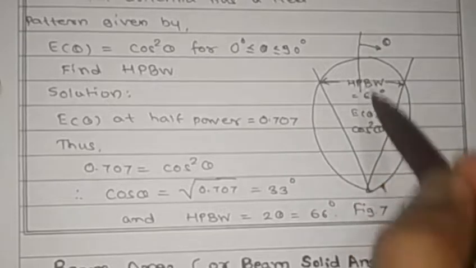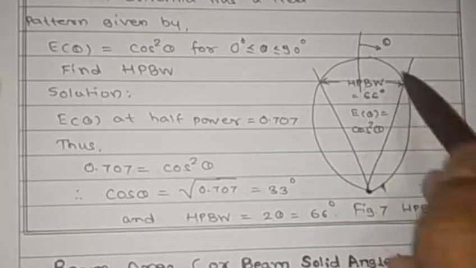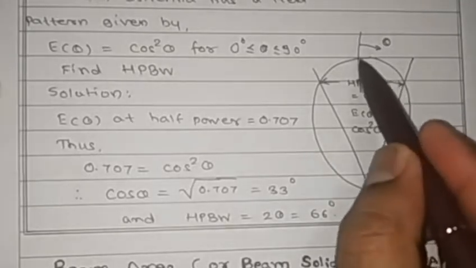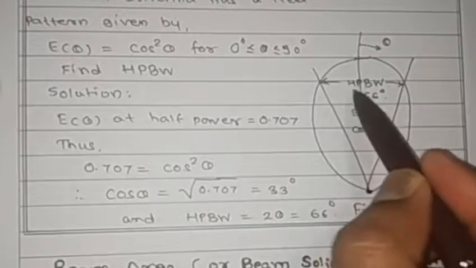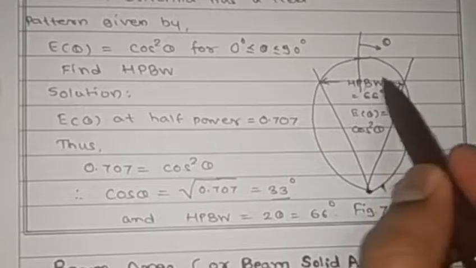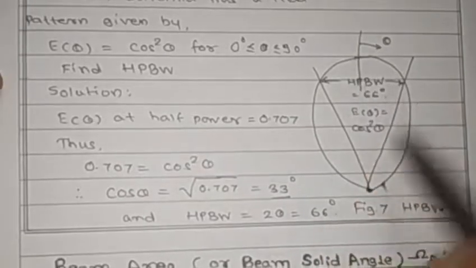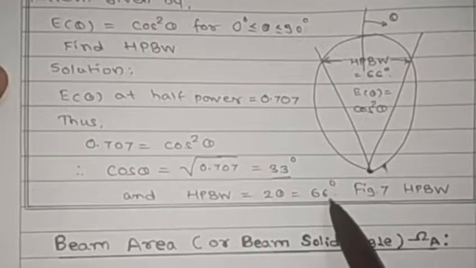You can see here, this is the point at which the antenna is placed. This is the radiation pattern, major lobe, and from the maximum value, if we come 3 dB below, on the half side we get the angle 33 degrees. So if we multiply it by 2 for computing it on both sides, we get HPBW as 2 theta, which is 66 degrees.